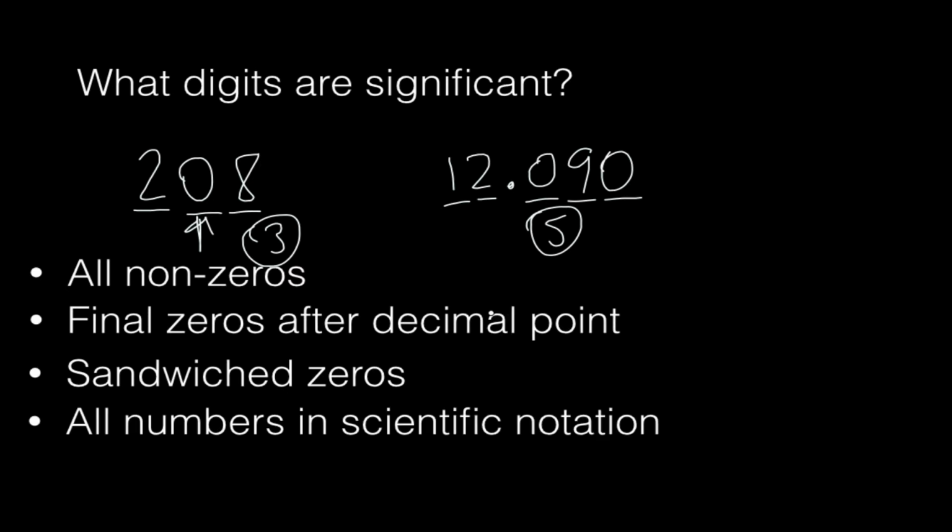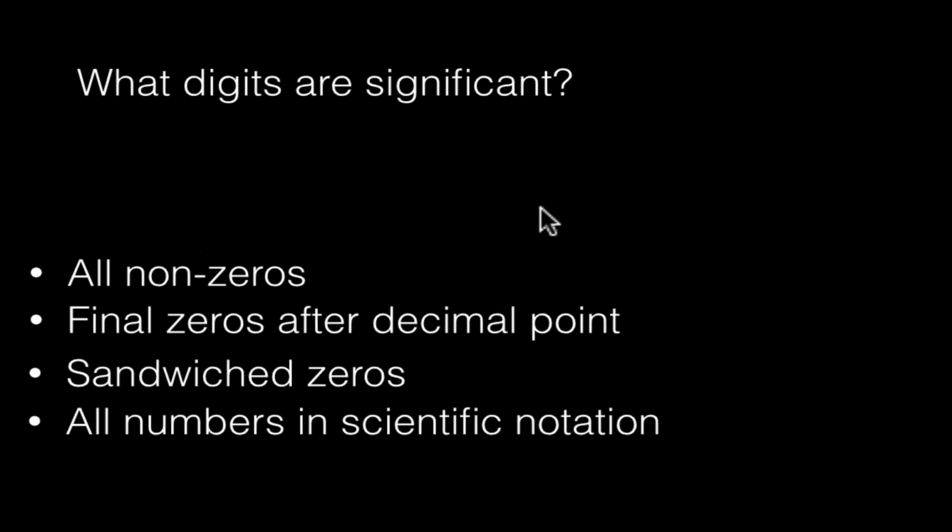Okay, the last one is all numbers in scientific notation. So whenever we're in science class, whenever we're writing really big numbers, so say we have this number here, and usually big numbers like this we're going to write in scientific notation.